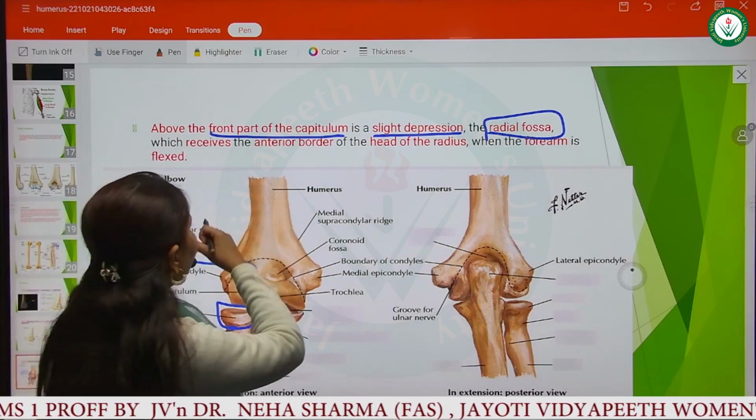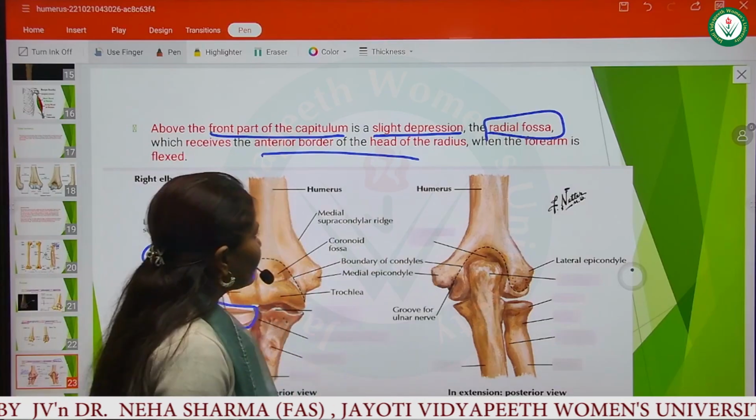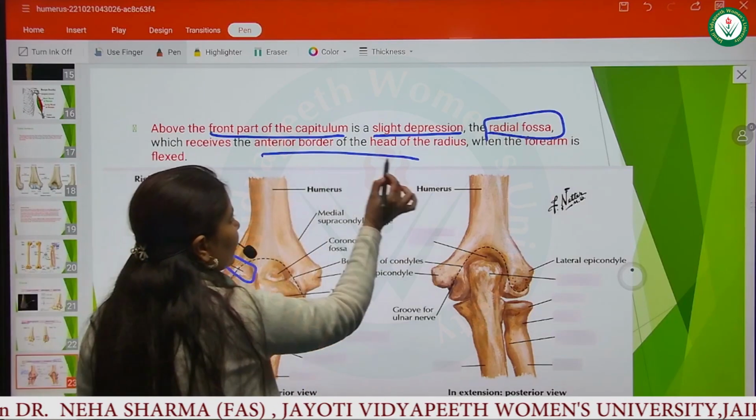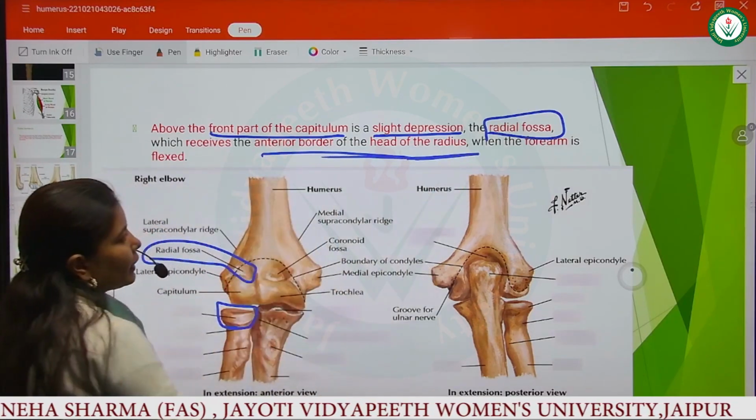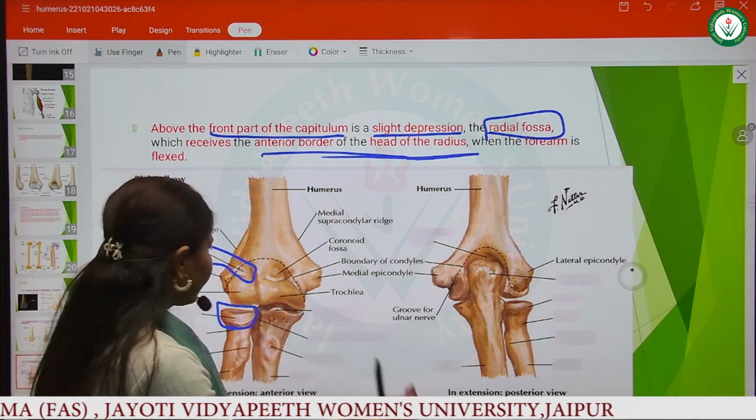The anterior border of the head of the radius gets attached to the radial fossa when the forearm is in flexed position.